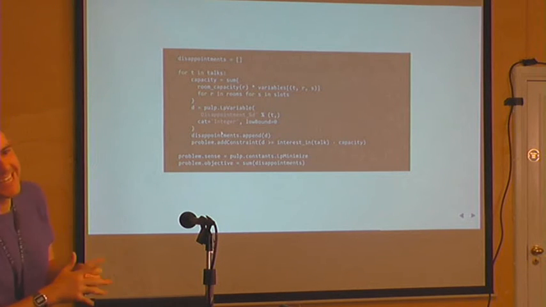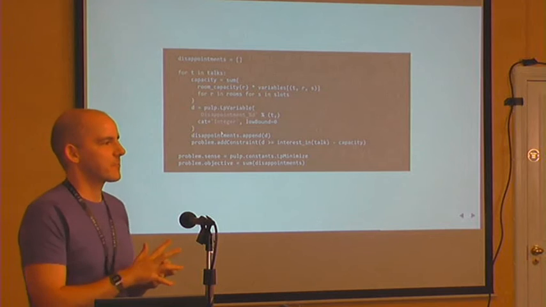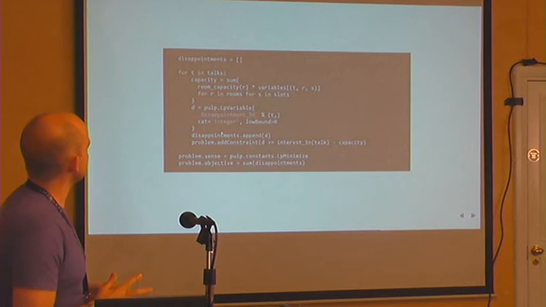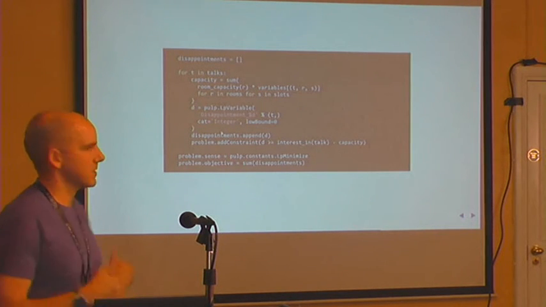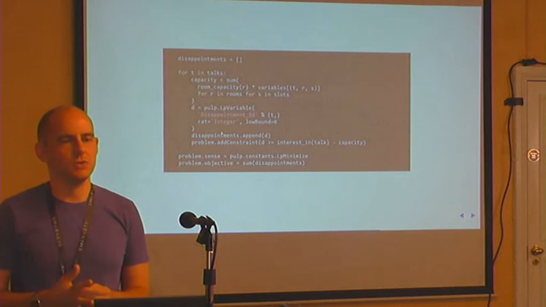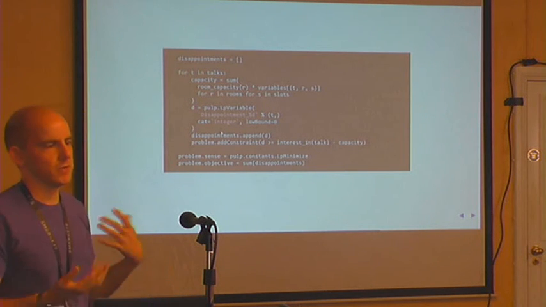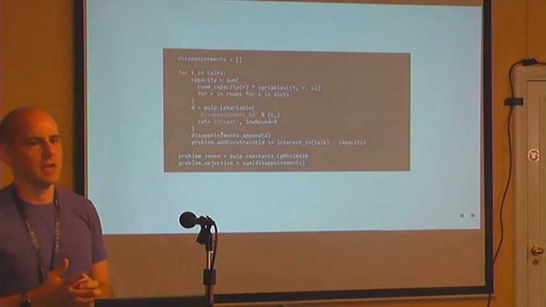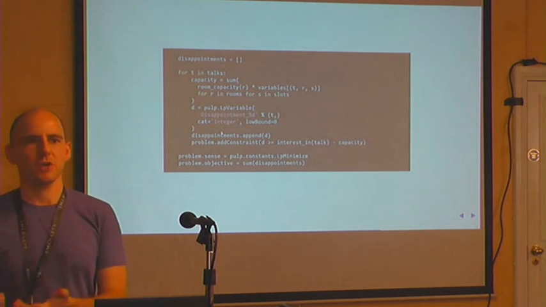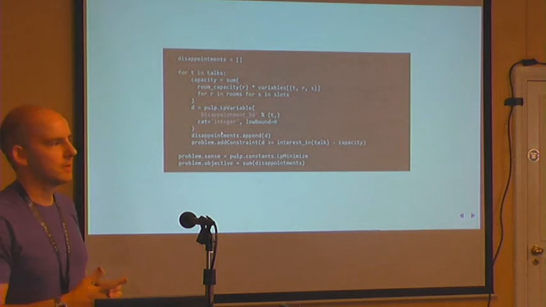Then we can use quite a nice trick, which is to introduce some auxiliary variables whose values we don't actually care about, but that are required to express the problem.